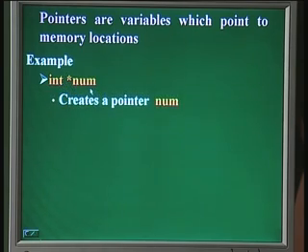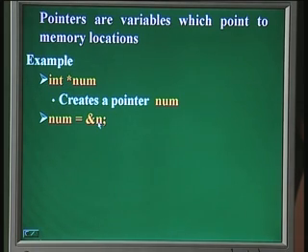In the last lecture, we saw the use of two operators. One is the asterisk and the other one is the ampersand operator. So we will see that again here. We created a pointer here called NUM, and now we are directing this NUM to the address of a number n.